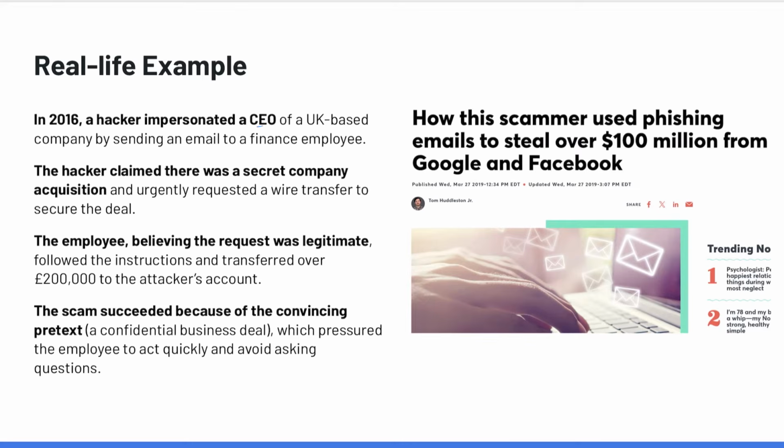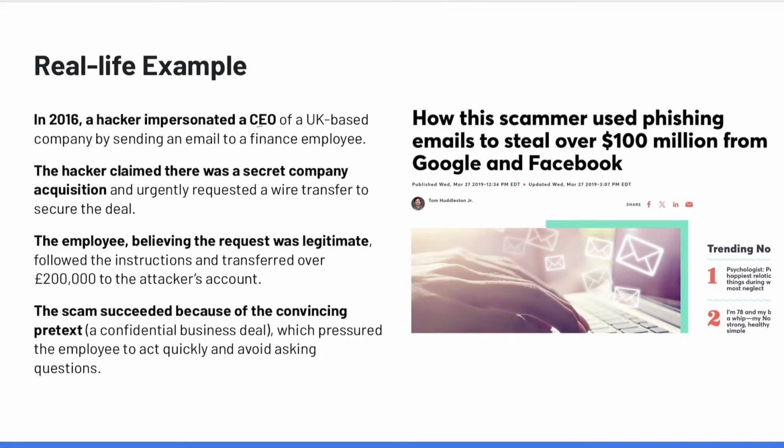Someone's working at this UK-based company, they're a finance employee, and all of a sudden they get a call from someone who they think is the CEO. And the CEO is probably being pretty convincing and saying that the company is going to buy another company, and so this finance employee needs to urgently send money to a particular account.